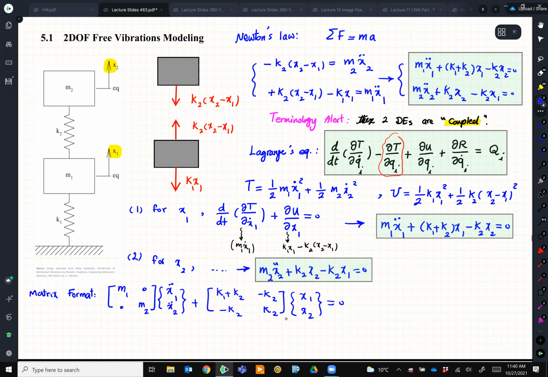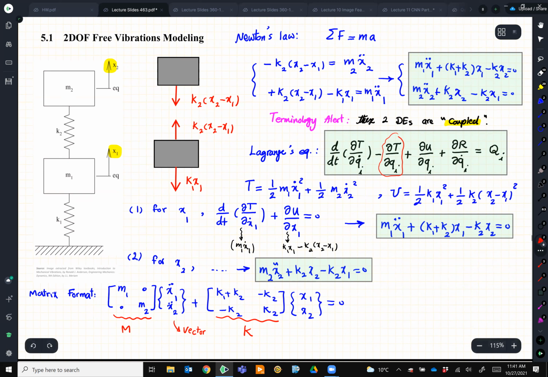Now, if we pay attention to these matrices, we have a matrix of masses and a matrix of stiffness. Then we have a vector of accelerations and a vector of displacements.